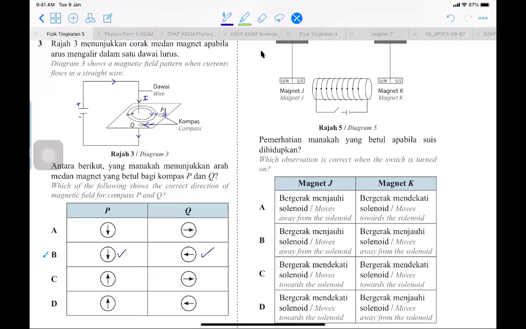Mana satu jawapannya? C. Oke, yang lain? Let's see the answer. Answer for this one is D. Answer is D.